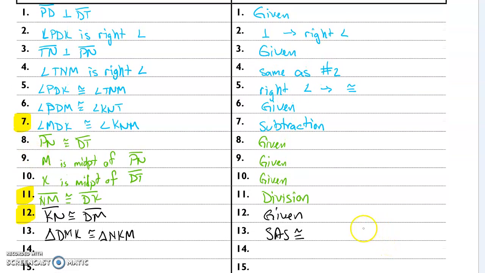I have some students who on their triangle congruent row, they'll go into the reason and they'll leave these 3 blanks, and then they'll write down the statements that allowed them to make this conclusion. So statements 7, 11, and 12 allow them to make that. None of that is required. It's all just really important that you know you need 3 congruent statements, parts of your triangle, before you can state that your triangles are congruent.